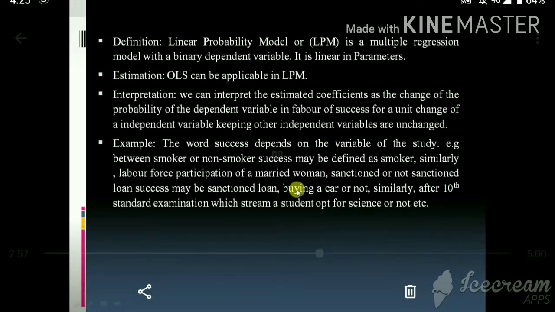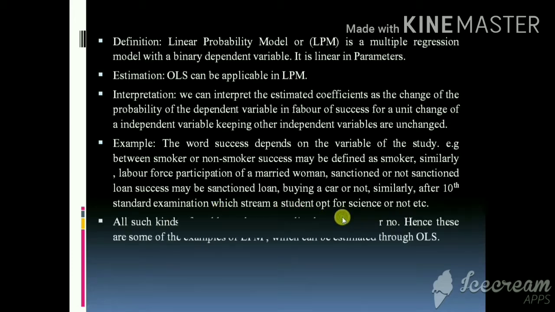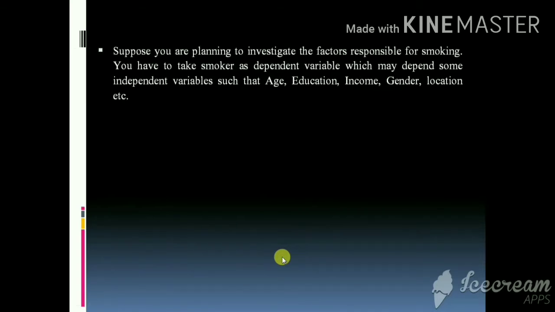If you ask whether you are willing to buy a car or motorcycle, then success is yes. Similarly, after the 10th standard examination, which stream a student opts for, science or not? Success may be science. So for all such kinds of problems, the answer lies between yes or no. Hence, these are examples of LPM which we can estimate through OLS.